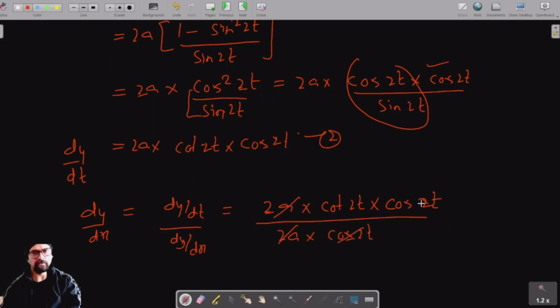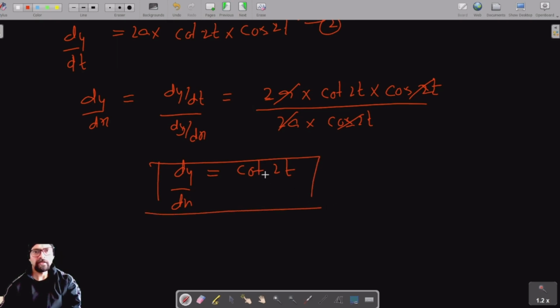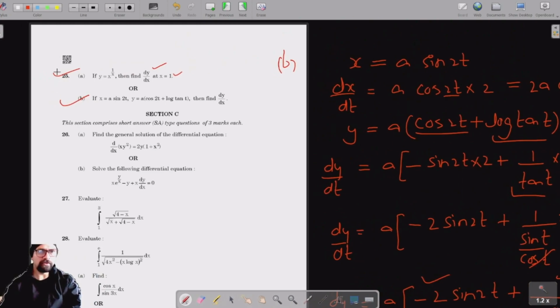Now 2a, 2a and cos 2t, cos 2t get cancelled. So finally, the first order derivative is equal to cot of 2t. And this solves our question number 25.